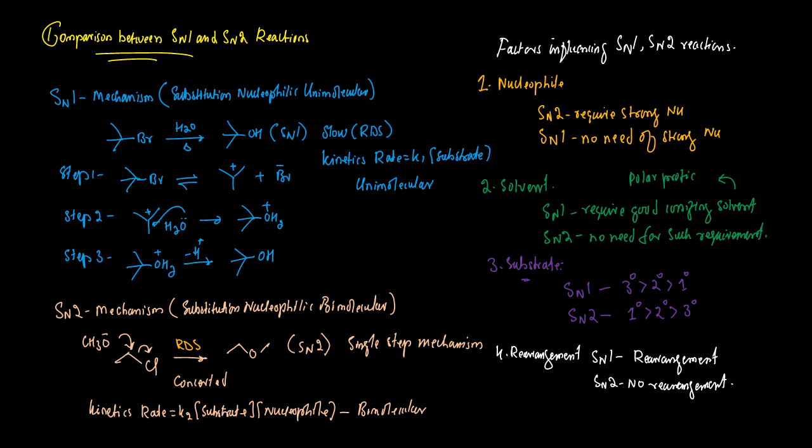The next factor is stereochemistry. As in SN1, a planar carbocation is formed. Therefore, in the last step or in the second step, a nucleophile can approach from both above and below the plane. Therefore, we get a racemic mixture. And as far as SN2 is concerned, there is inversion of configuration.